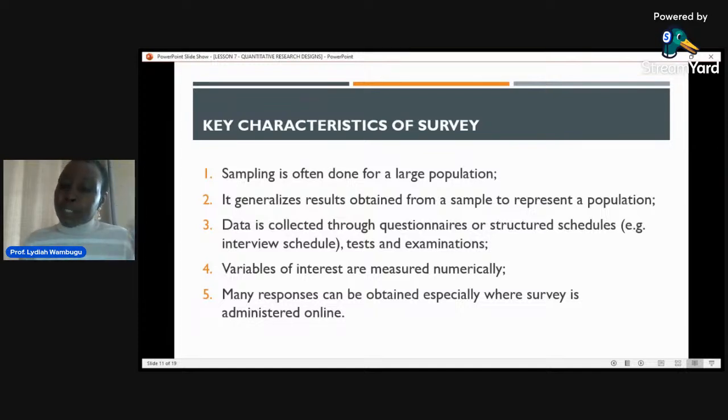Now, descriptive statistics describes the sample. So the work of descriptive is to just describe the sample. You cannot generalize unless you have conducted inferential statistics. So you cannot generalize results from a sample to the population unless you have conducted inferential statistics, because it is inferential that helps you to predict the population parameter from a statistic.